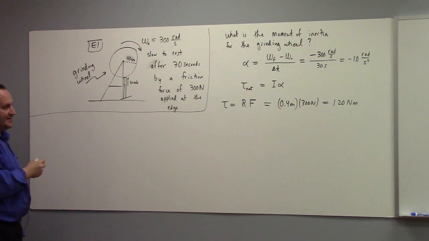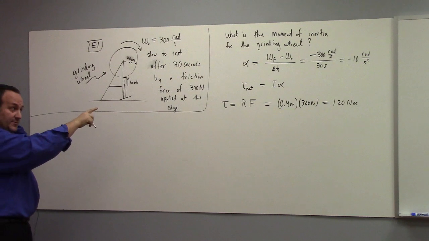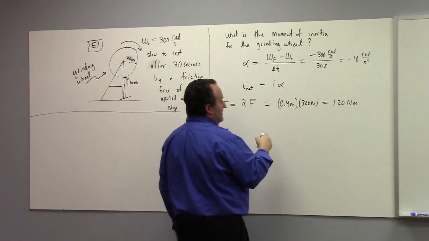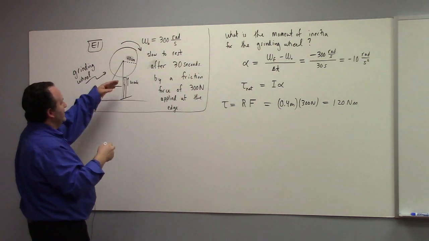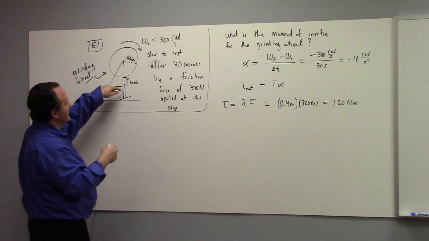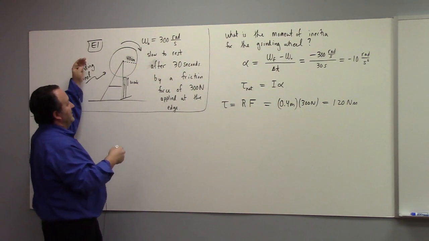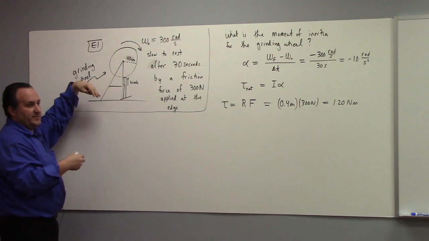I need to check. All right, so 120 newton meters, that's going to be equal to I alpha, right? We don't know what I is. We do know what alpha is. And of course, what's happening? You give it a friction force, right? So if the rotation is this way, what way is the friction force going to be pointing?